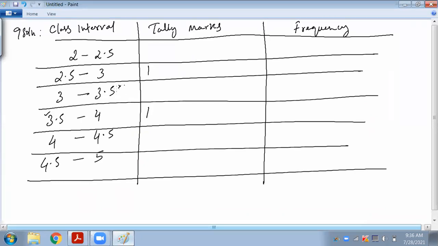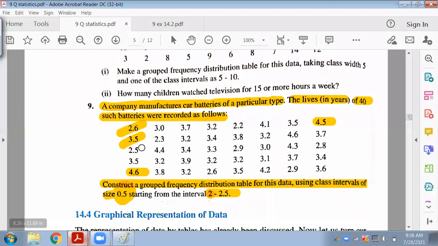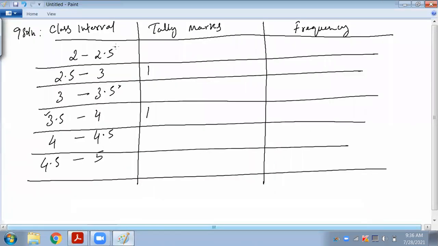We'll not put it in the ending of the class, but in the starting of the class. Then next is again 2.5. Again 2.5, where to put? 2.5 will not go in the ending of the class; we'll put it in the starting of the class. So we will put it in 2.5 to 3.